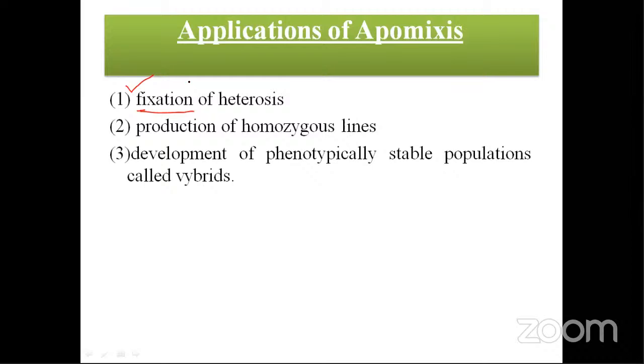See, if there are two alleles, capital A and small a, in the parental generation, let's say in F1, the allele frequencies are like 0.4 and 0.6. Together they will form one only.